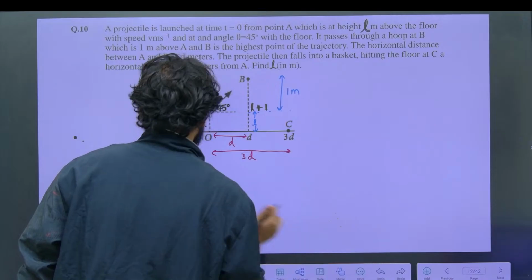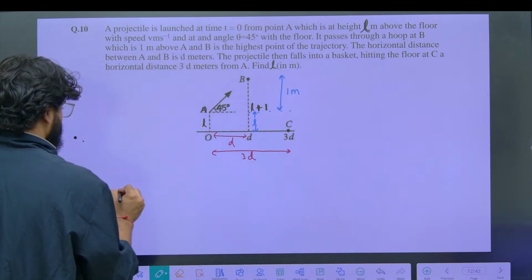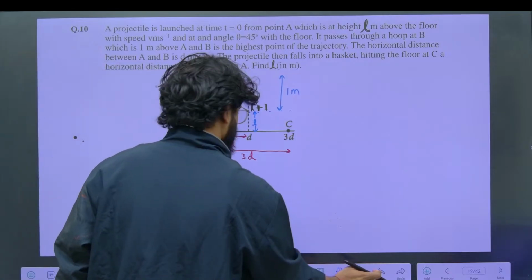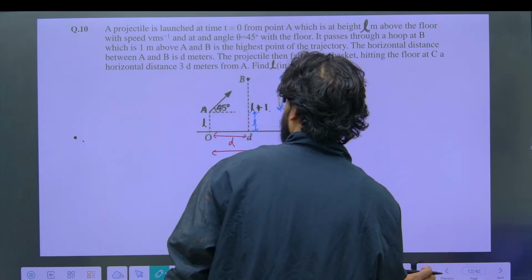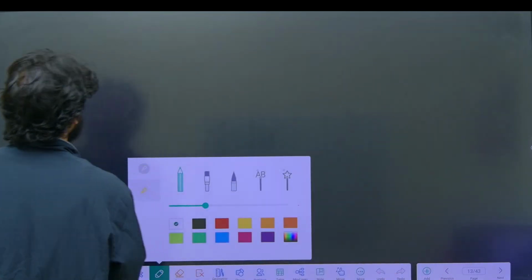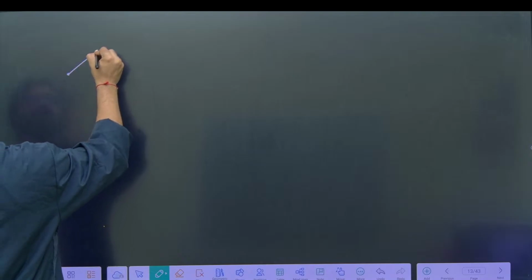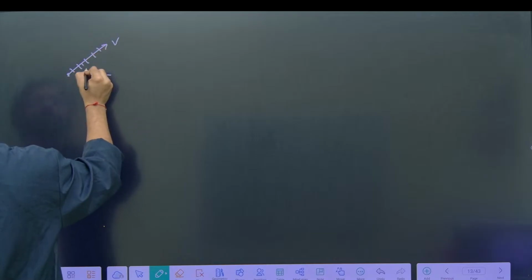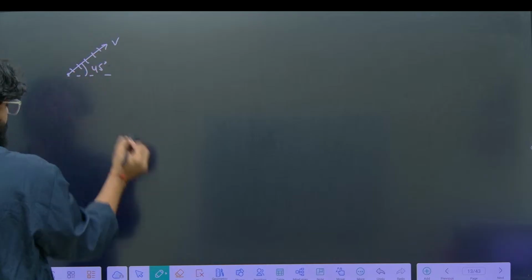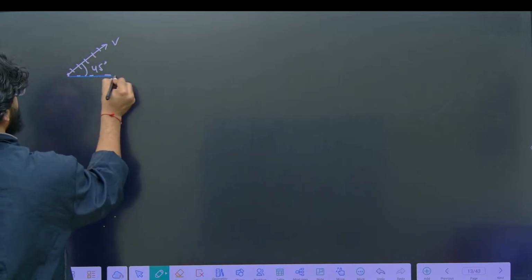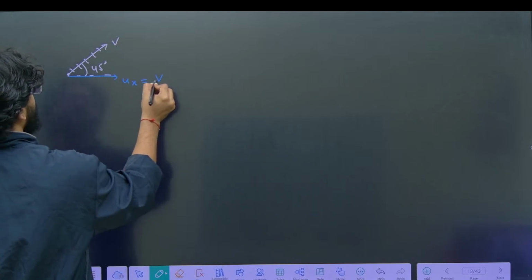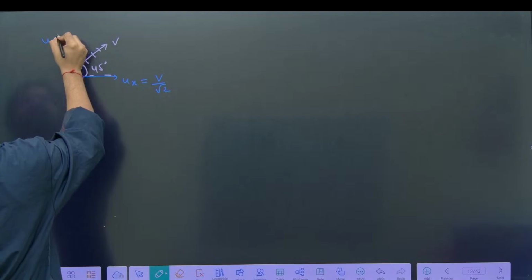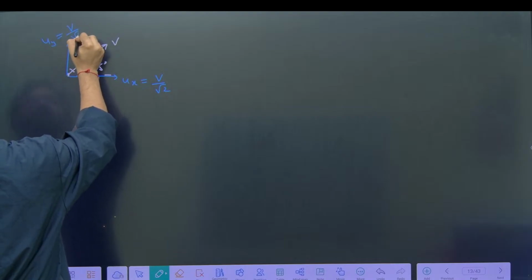I should not play with that diagram. I can make it on a new page. So basically this is V. It is at 45 degree, so Ux will be V by root 2, and similarly Uy will be V by root 2, correct?